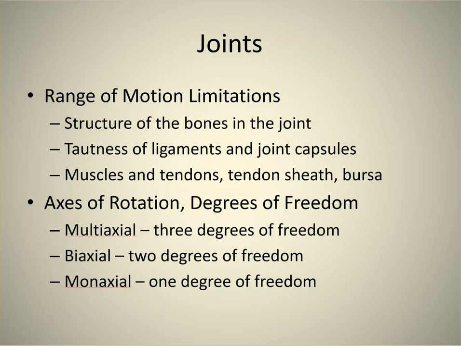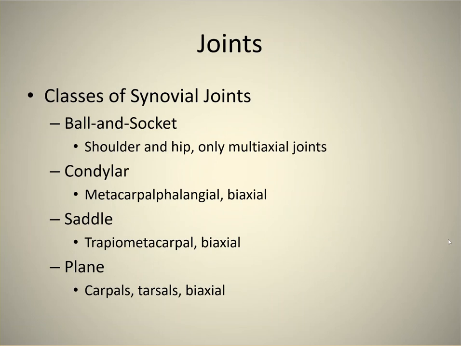If it can only move in one direction, it's called monaxial. If it can move in two directions, it's biaxial, and if it can move in lots of different directions, it's called multiaxial.